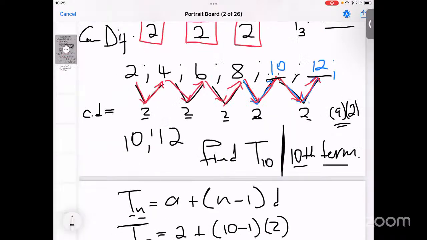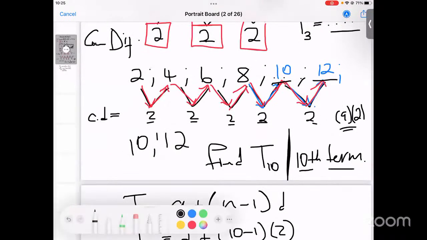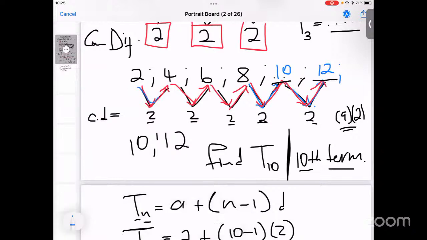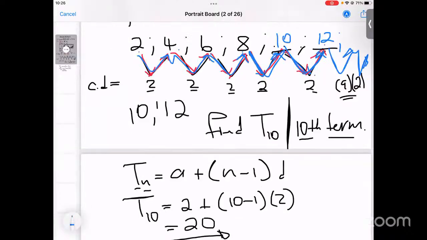So this is very important, because this formula helps you. It's like a shortcut. Instead of adding 1, 2, 3, 4, 5, 6, 7, 8, 9, 10, until you get to the 10th term, instead of you keeping on adding, you just use this formula and it will quickly get you to term number 20.